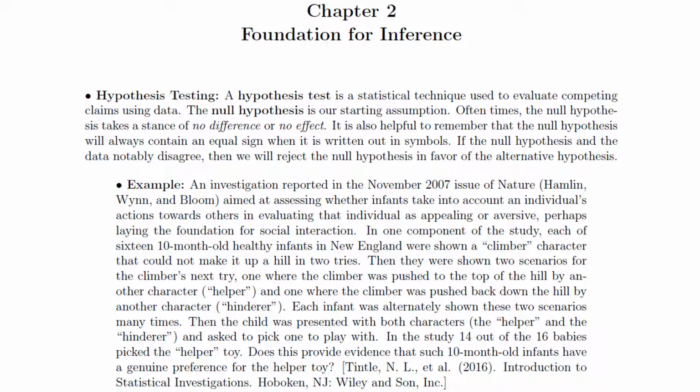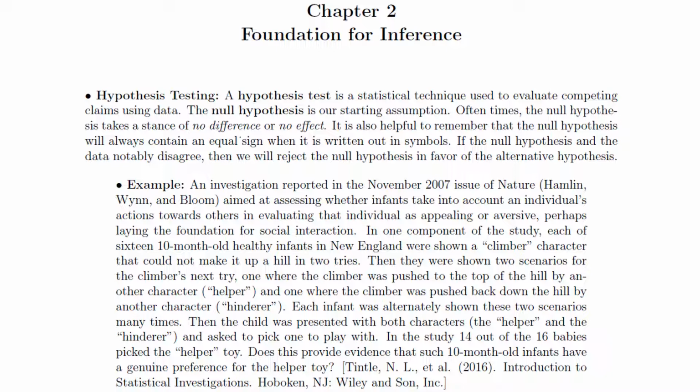But of course, when they say that most of the infants chose the helper toy over the hinderer toy, that does beg the question, could that have just happened due to chance, right? Where the majority of the infants in the study picked the helper toy just by chance? Or is it more reasonable to assume that there is some sort of effect here that the behavior of the toy is having on the child's decision?